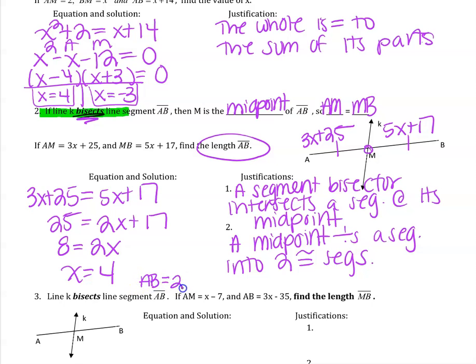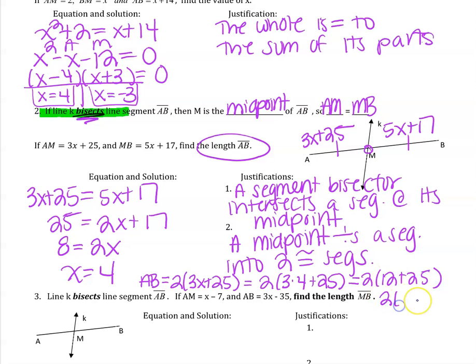AB would equal 2 of whichever side I pick. Maybe I'll pick 3x plus 25. So that's 2 times 12 plus 25, which is 2 times 37, so 74. Sorry, almost forgot about that.